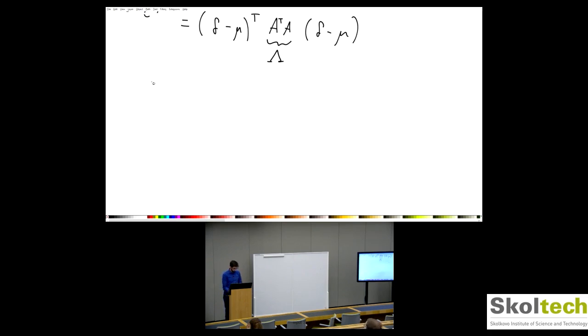Okay, let's get back to the normal equation as we were defining last day. So the problem was we want to solve this, right, for the minimization problem.